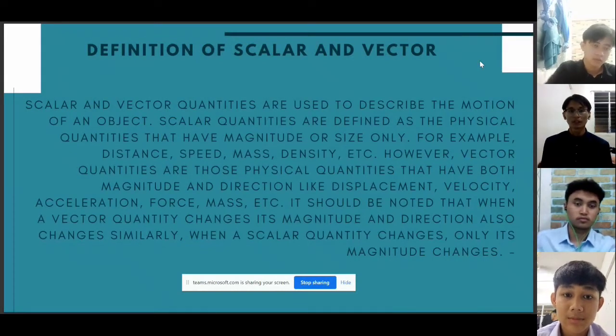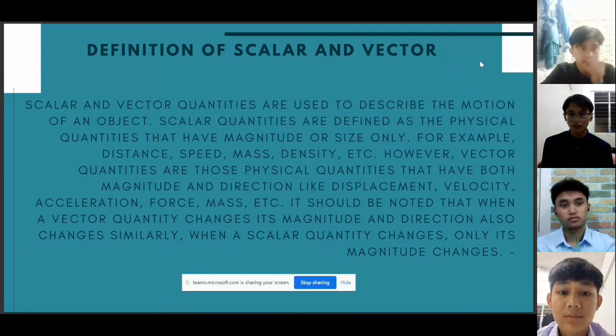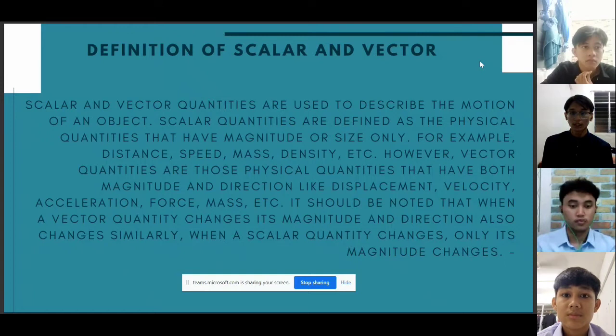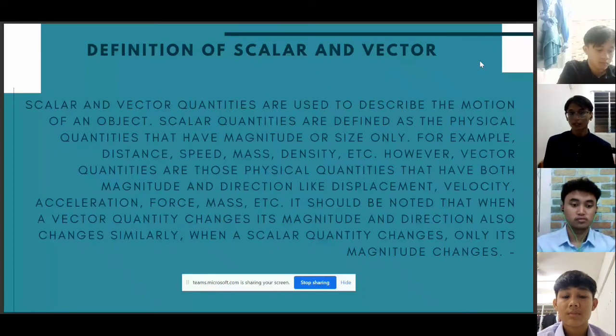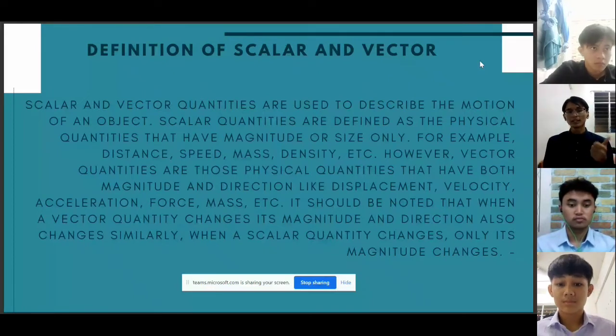So for the definition of scalar and vector, scalar and vector quantities are used to describe the motion of an object. Scalar quantities are defined as physical quantities that have magnitude or size only, for example distance, speed, mass, and density.